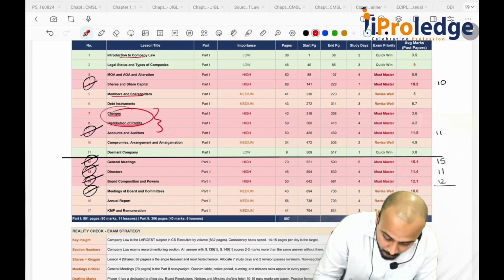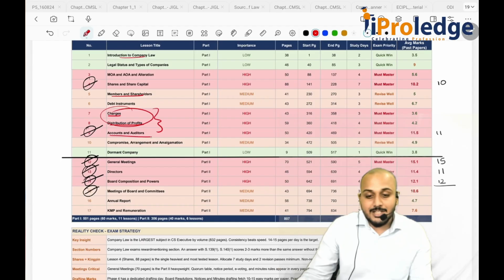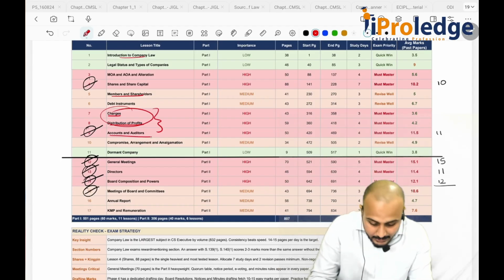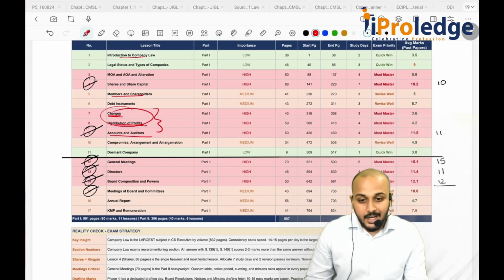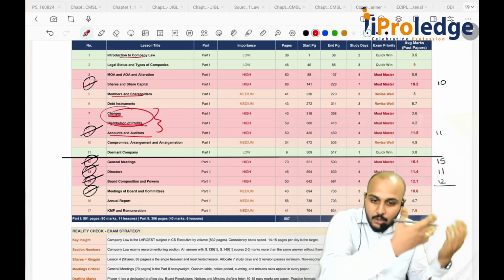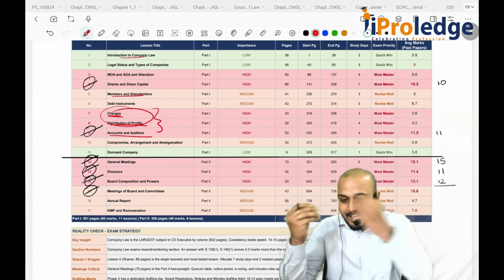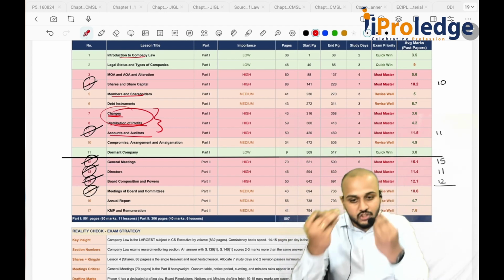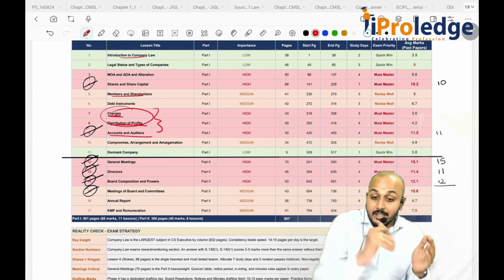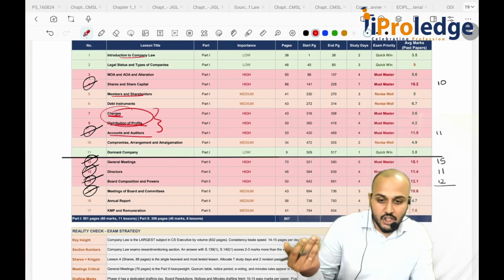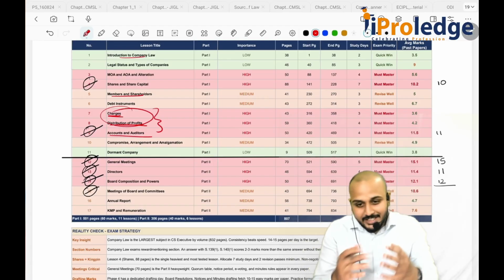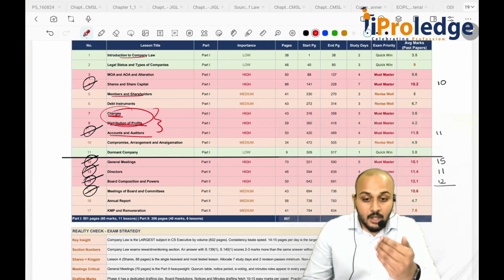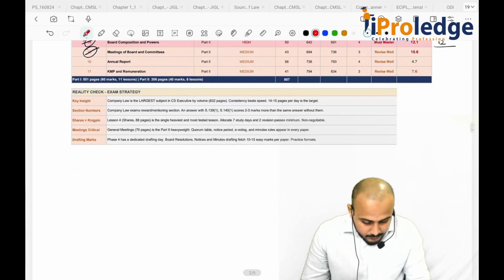This will give you more time to prepare for important chapters like accounts and auditors, because charges and distribution of profits are comparatively smaller and easier to remember when you compare them with other chapters like share and share capital, accounts and auditors, general meetings, directors. In those chapters you can take one additional day. So you need to keep strategizing and customizing this planner as per your requirements.